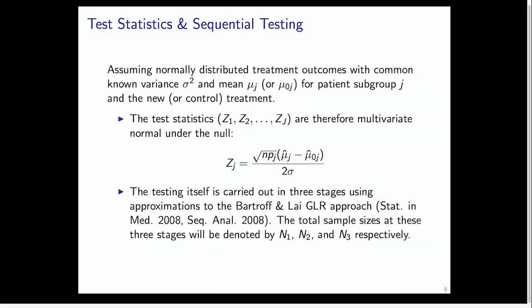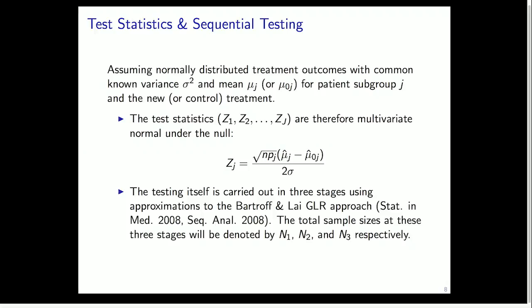I'll tell you a little bit about the test statistics and sequential testing here. Again, we're going to use a multivariate normal setting, which means the Z_i's are all jointly multivariate normal, so we know the theory pretty well. We're also going to use sequential testing, which means testing for both efficacy and futility.